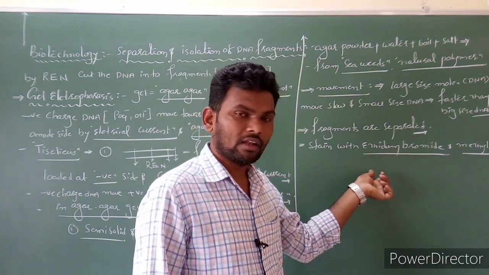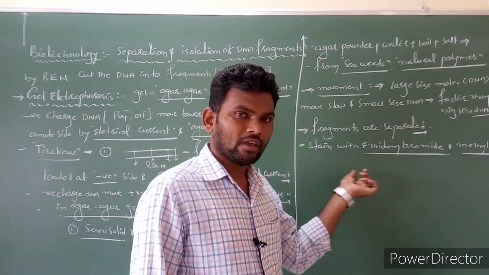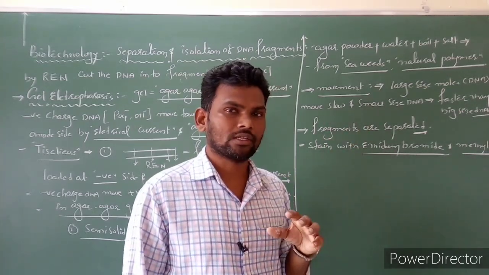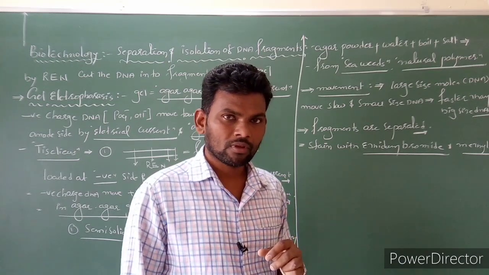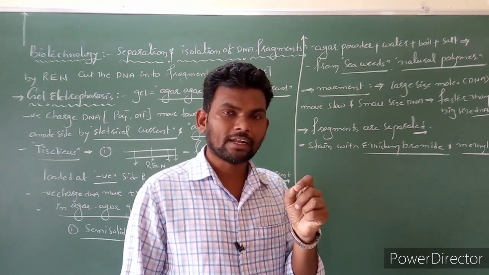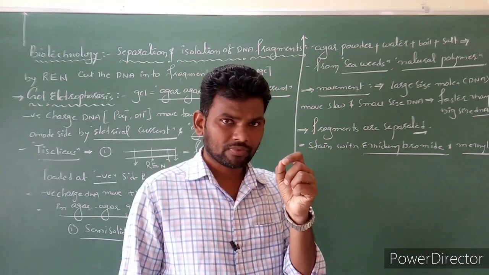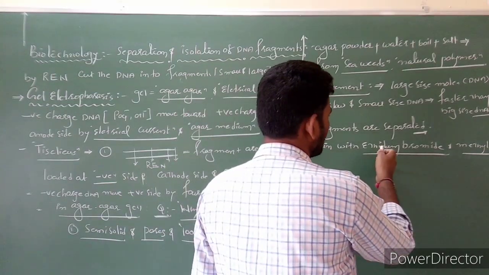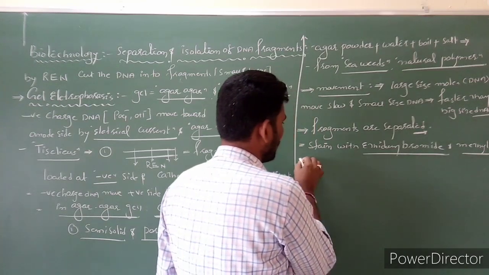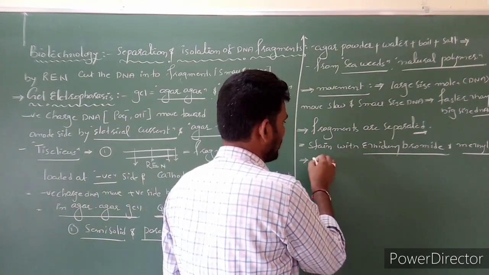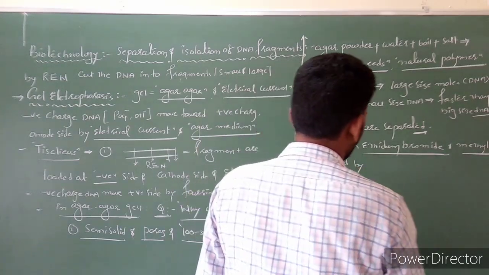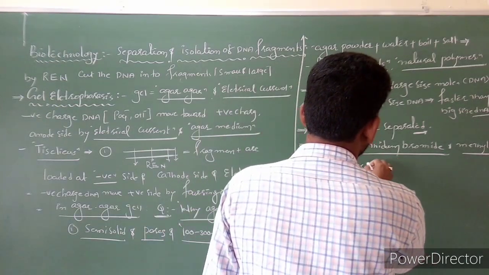When we expose them to the UV light, then only we can recognize these bright orange color bands, because by normal visible light we can't notice these bands. After staining with ethidium bromide, it is followed by UV light.